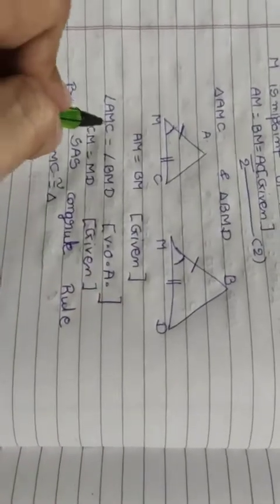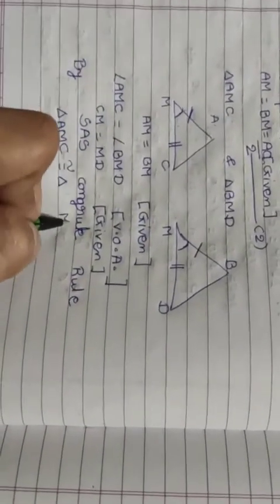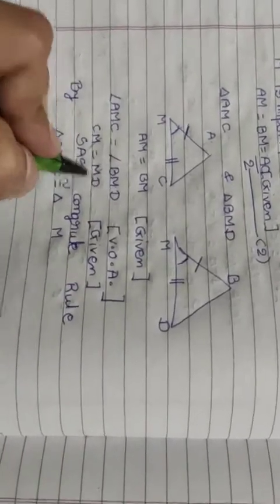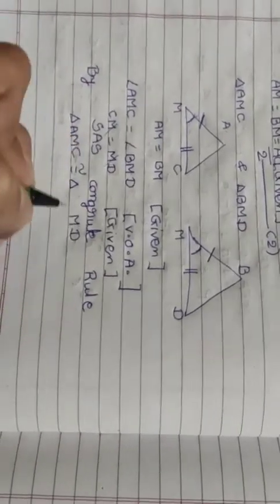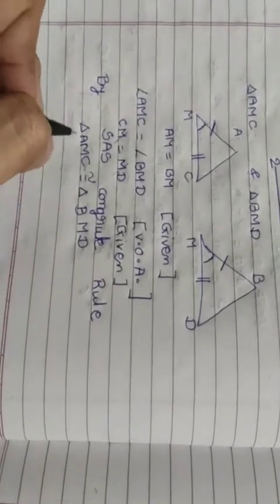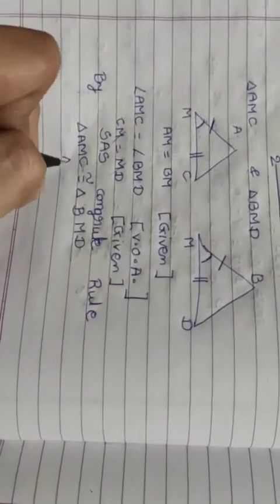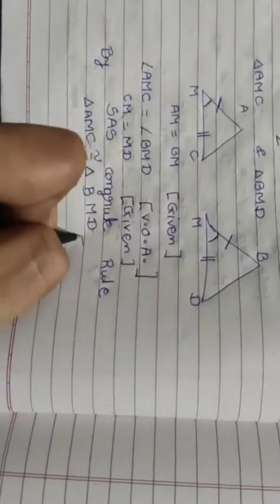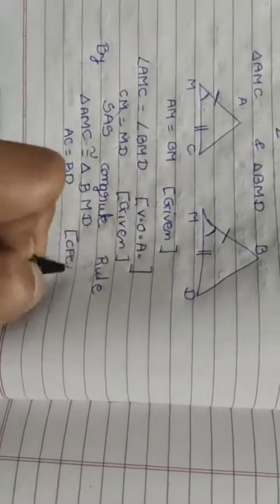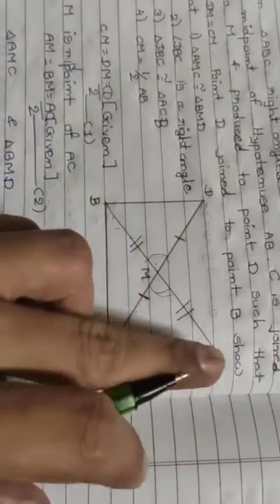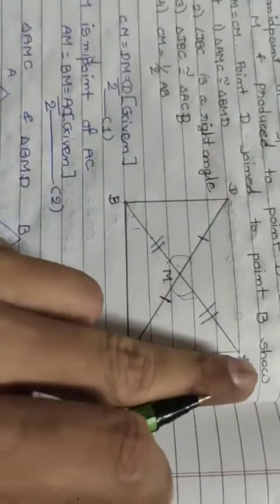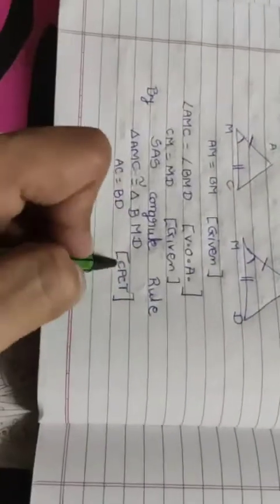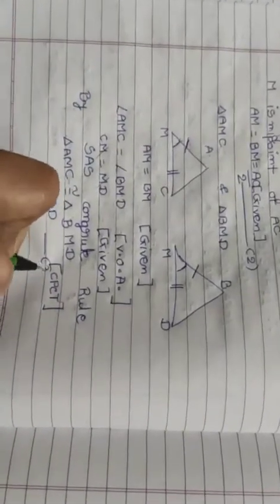Now M is M, so in the center it is M, C is D, so that is B. So we can definitely write AC is equal to BD by CPCT, that means these two sides are the same.